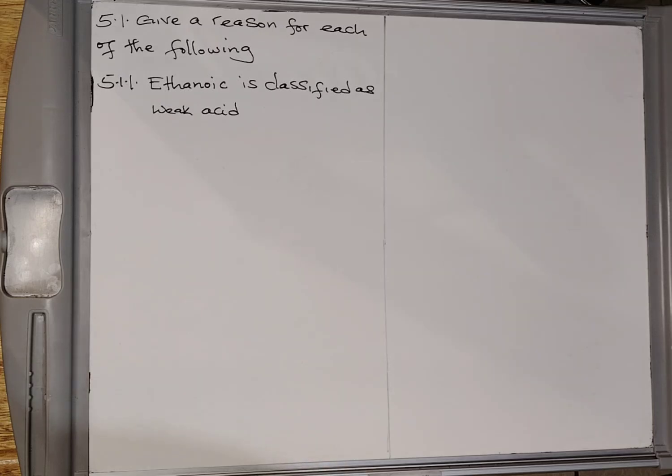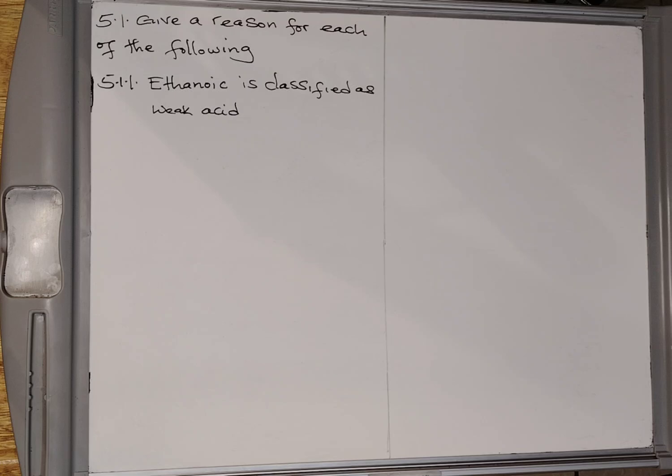It says, give a reason for each of the following. The first one: ethanoic acid is classified as a weak acid. What is the reason for ethanoic acid to be classified as a weak acid? You have to know that the strength of the acid, being classified as weak or strong, is based on the degree of ionization.